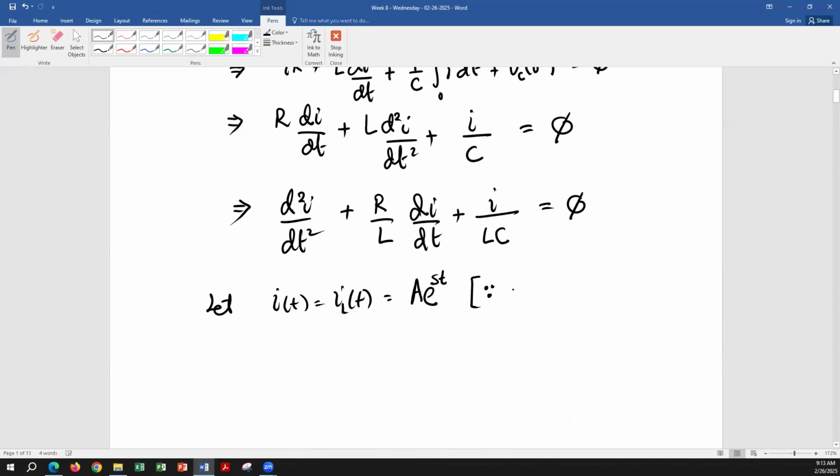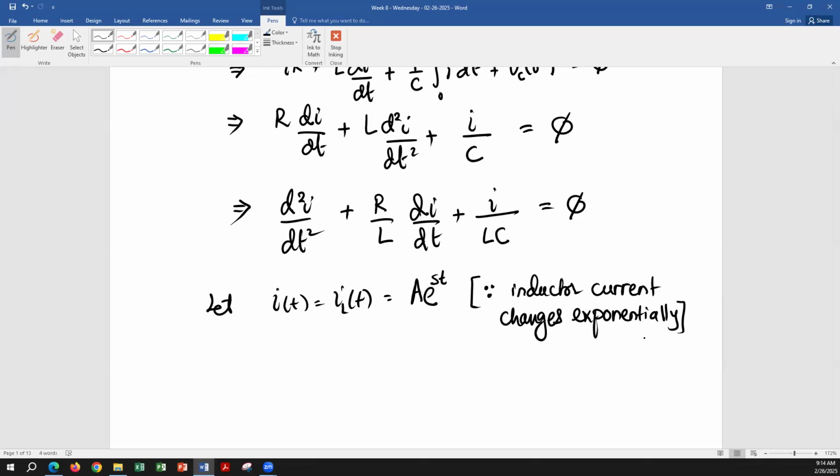Since inductor current changes exponentially. So the same thing we assumed for the parallel RLC circuit, where we assumed that the voltage across the capacitor changes exponentially.